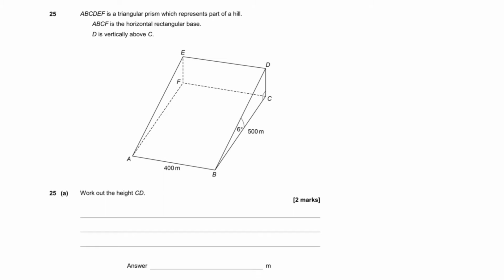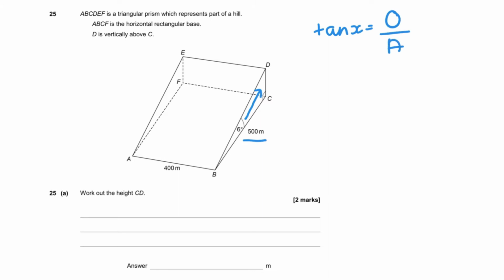So if we look at our diagram, we can see that there's a right angle in there. So we're going to be using one of our trigonometry ratios. We've got an angle, we're interested in the length that's opposite it, and we've been given the length that's adjacent. So that's going to be our tan ratio. So we've got tan x is equal to opposite over adjacent.